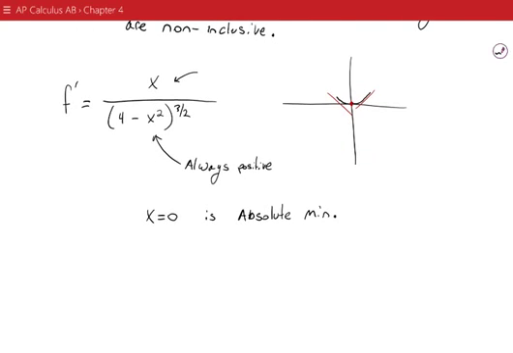We can confirm this by graphing. We could see that our function actually looks something like that, and this is our minimum. Depending on your viewing window, it might be hard to spot that that's actually a minimum because the curve looks pretty flattened out, but it is a minimum.